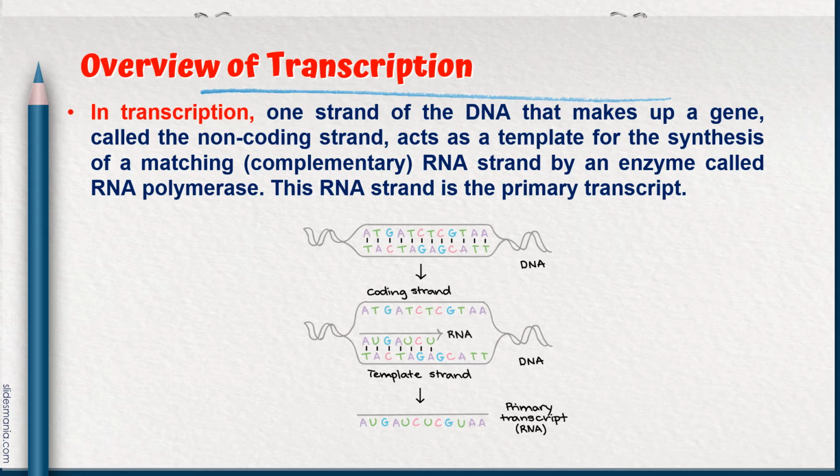However, the primary transcript and the coding strand of DNA are not identical. One important difference is that RNA molecules do not include the base thymine. Instead, they have the similar base uracil. Like thymine, uracil pairs with adenine.